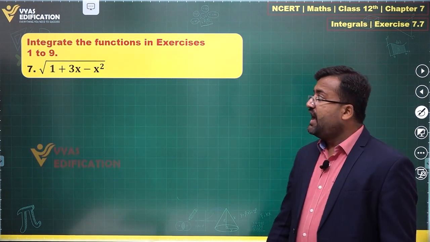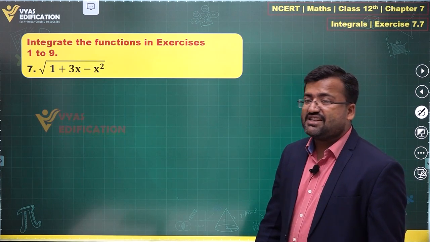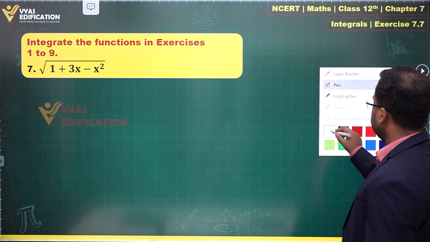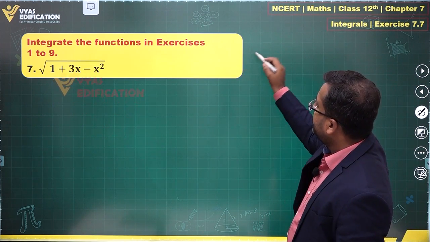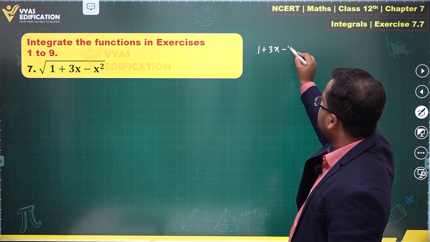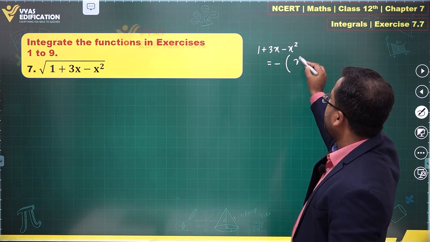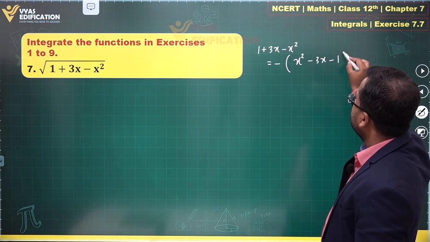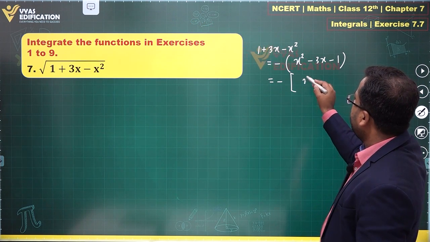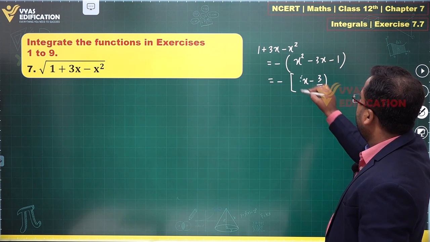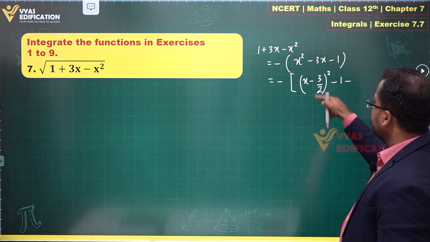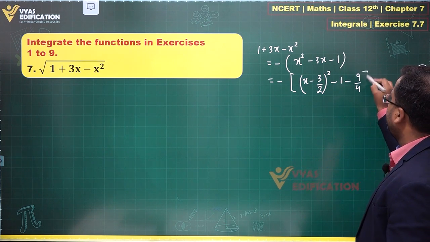In the seventh question, we have under root of 1 plus 3x minus x square. How do we handle this? Once again, we'll have to focus on creating a perfect square. 1 plus 3x minus x square can be written as minus of x square minus 3x minus 1, which becomes x minus 3 by 2 whole square minus 1 minus the square of this, which is 9 by 4.